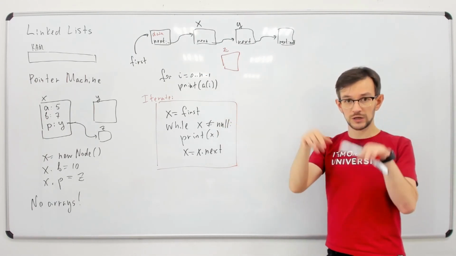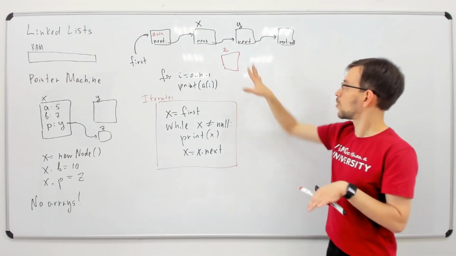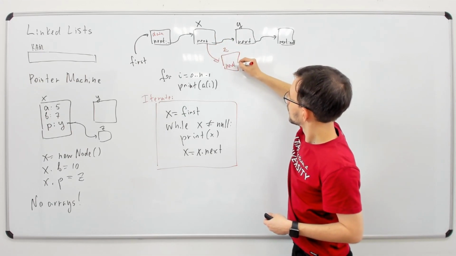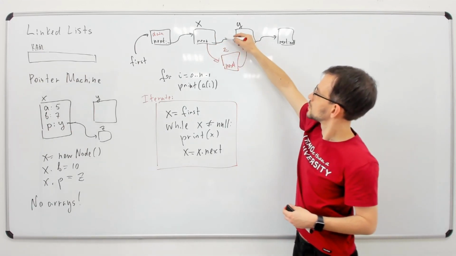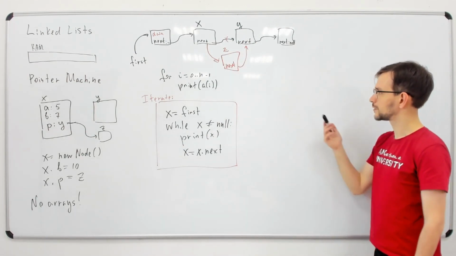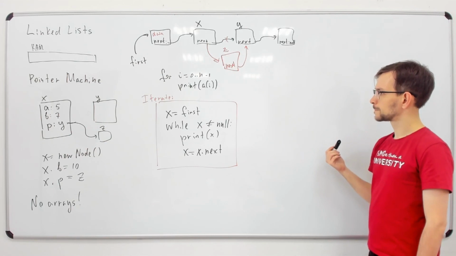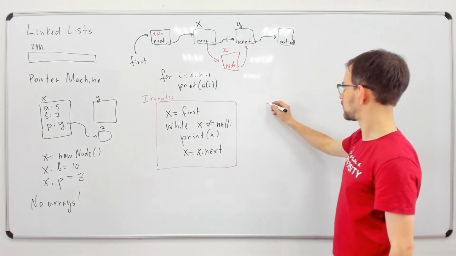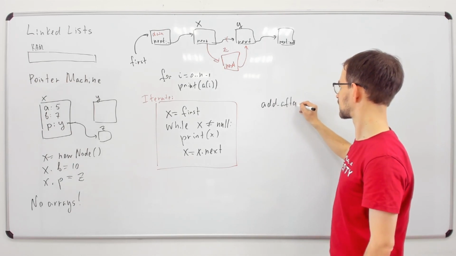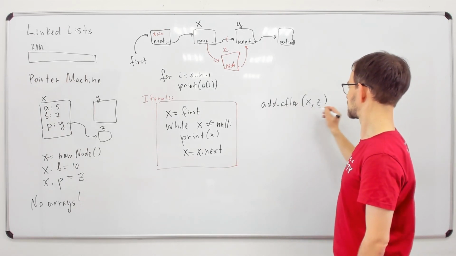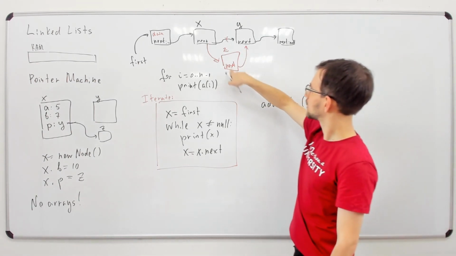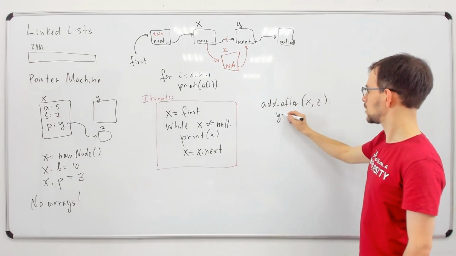And here you can insert an element in constant time, because all you need to do is to move this link to here, this link to here, and remove this. And you're done. Let's write it. Let's have a procedure like add after X, Z. So we need to add element Z after element X. Let's say Y equals X next.